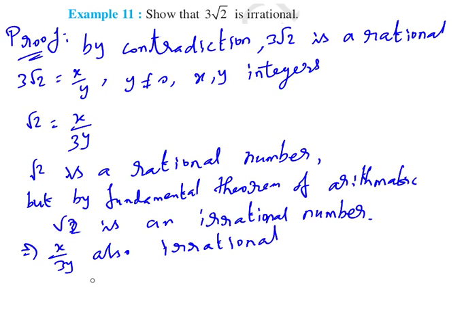So 3 root 2 is an irrational number. So we have proved that 3 root 2 is an irrational number.